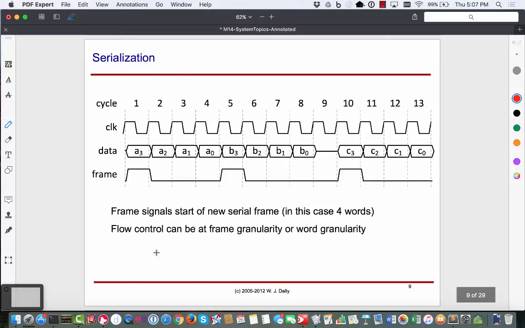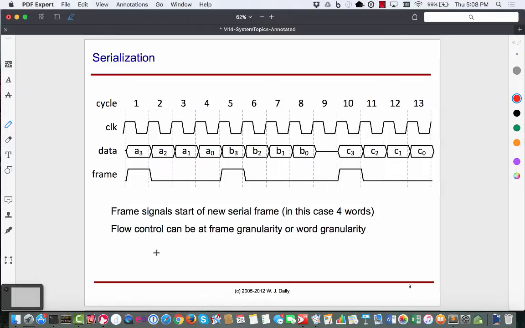Serialization. Serialization refers to the fact that instead of sending bits in parallel, we are going to be sending bits one by one on a piece of wire. And I said the advantage of doing that is I don't have to worry about bits arriving at the receiver at different times, because now they're going over a single wire.